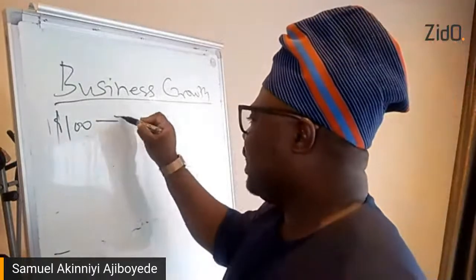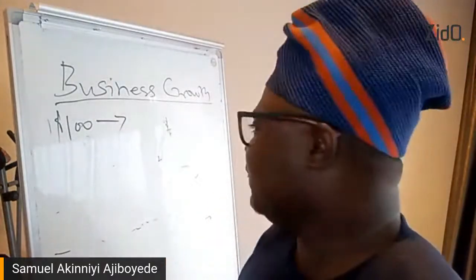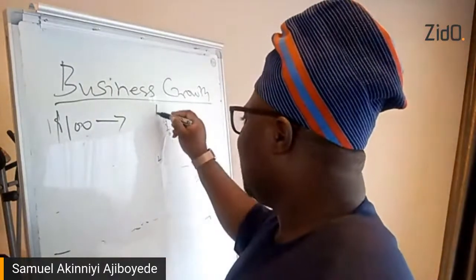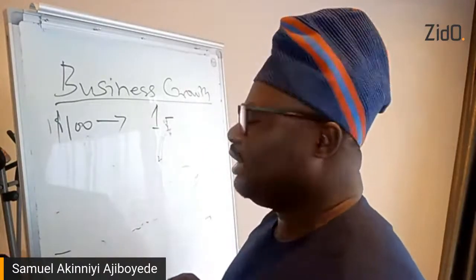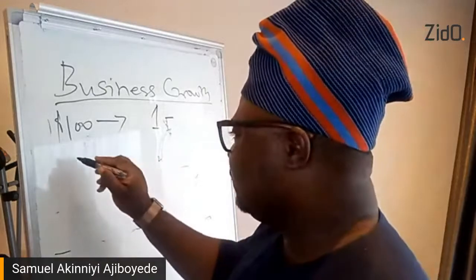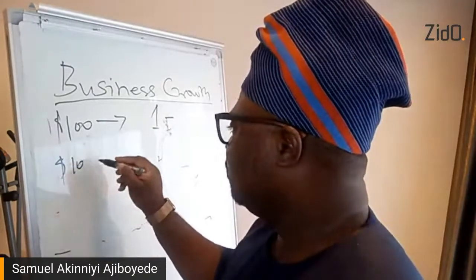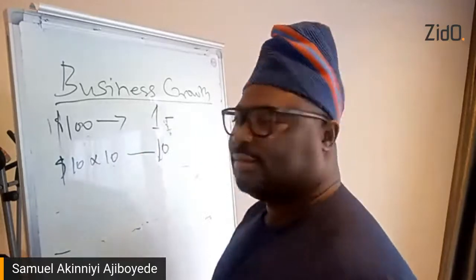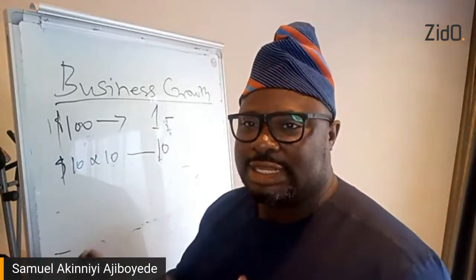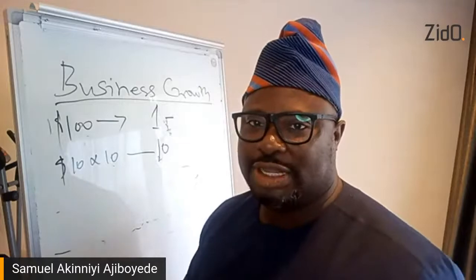If you give $100 to one person, you have generated one activity. If you give $10 to 10 people, you have generated 10 activities. That is how you generate multiple activities.